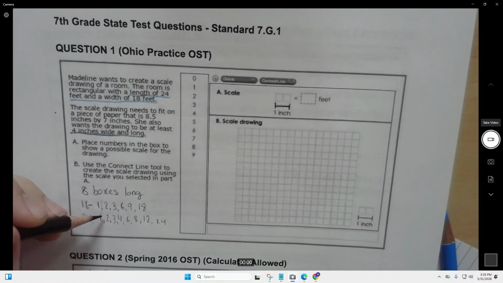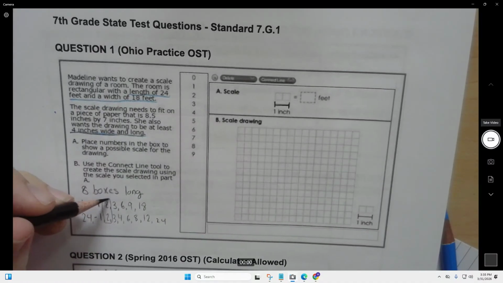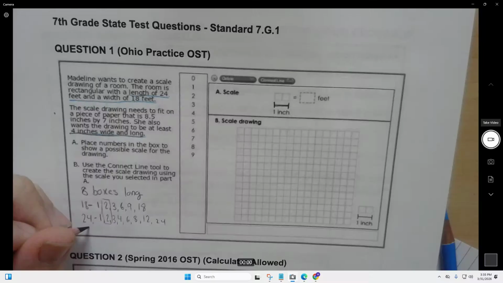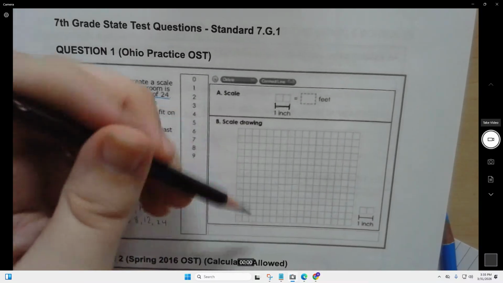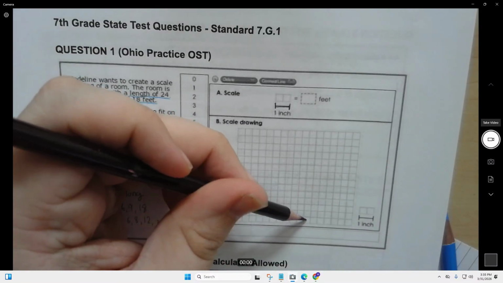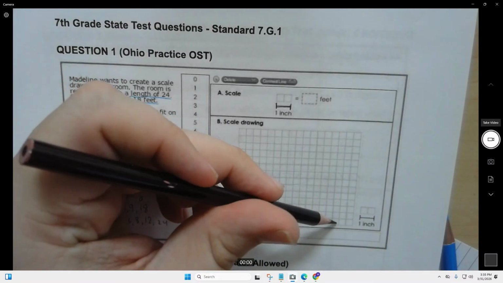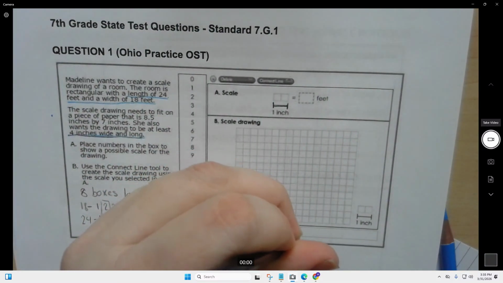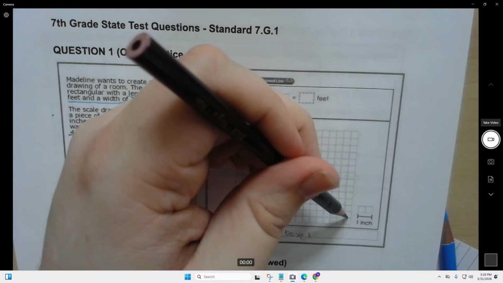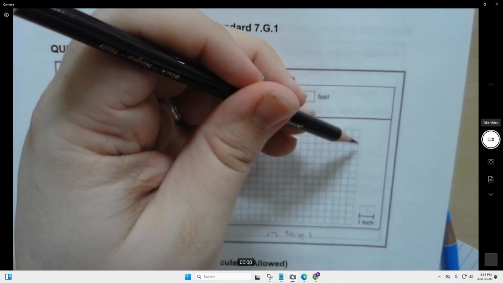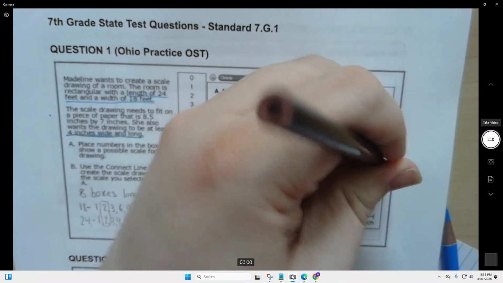So if you try to use 2, that means that one of your sides is going to be 12 inches long, which would mean it would be 24 boxes long, which I don't believe, 5, 6, 7, 8, 9, 10, 11, 12, 13, 14, 15, 16, 17. We don't have enough boxes. This is only 17 boxes this way. And this is 1, 2, 3, 4, 5, 6, 7, 8, 12, 13, 14 boxes this way.